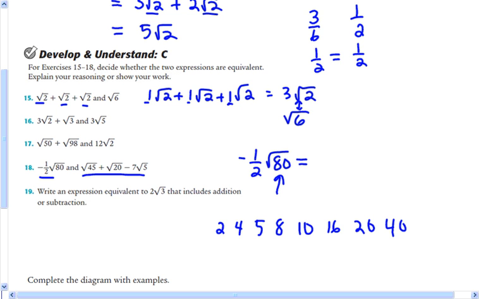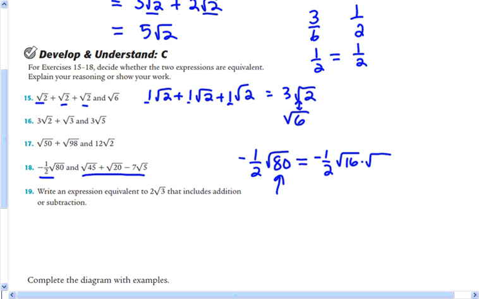Now of all these numbers, 4 and 16 are the perfect square factors, and we always want to use the biggest one that we find, and that's 16. So we can rewrite this as negative 1/2 times the square root of 16 times the square root of 5. And that's equal to negative 1/2 times 4 times the square root of 5, which is equal to negative 2 times the square root of 5.